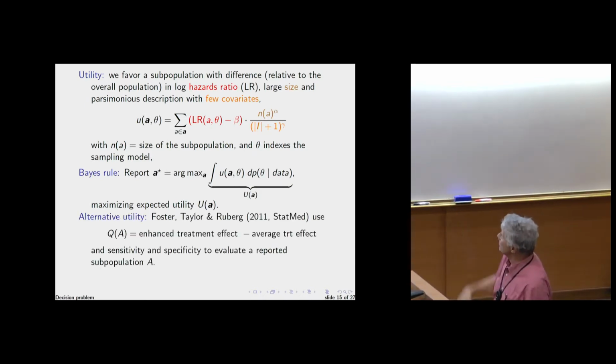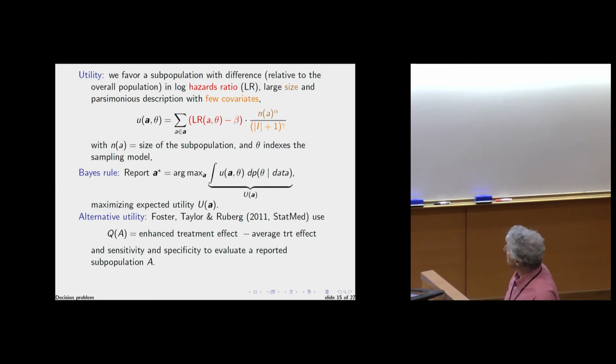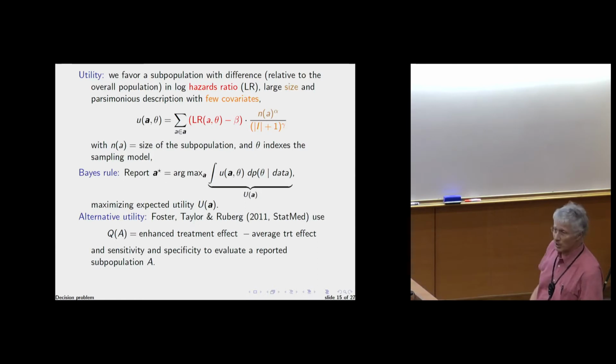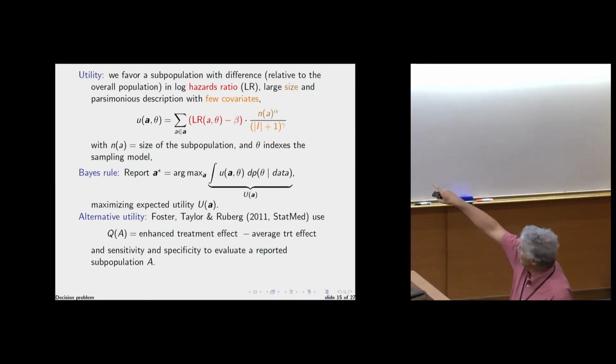I think this came up today already once, the notion of enhanced treatment effect in Foster and others. That's kind of related to that, yeah? They're trying to find the subpopulation A with the maximum enhanced treatment effect.